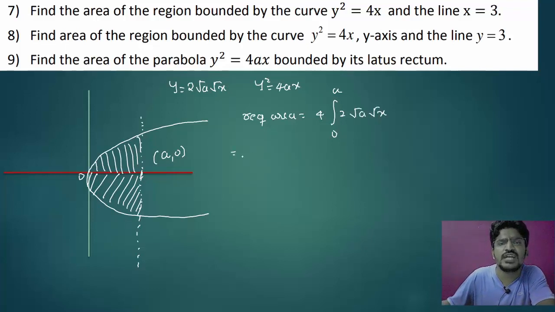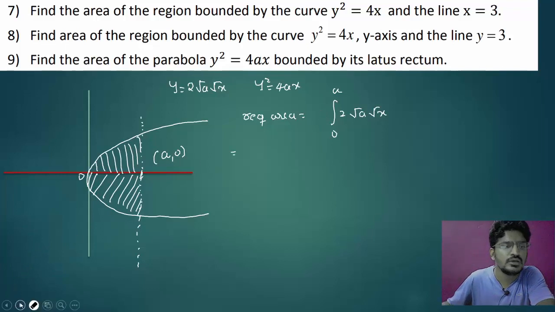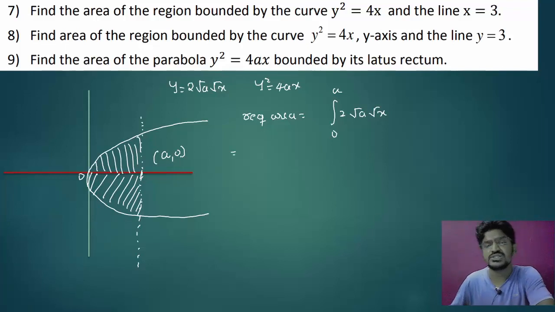Okay, here this is not 4, this is 2 times. Clear? You can just see y will be equal to 2 times root a into root x. So you have to calculate 2 times because it is in 2 quadrants.